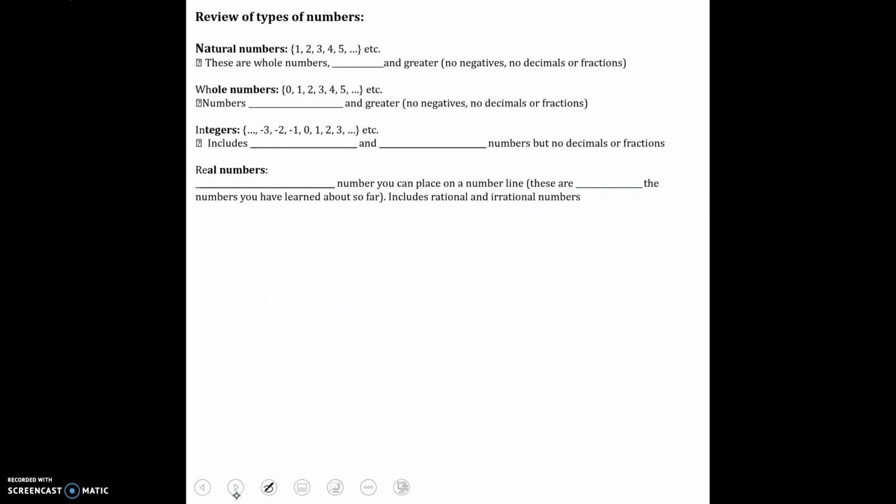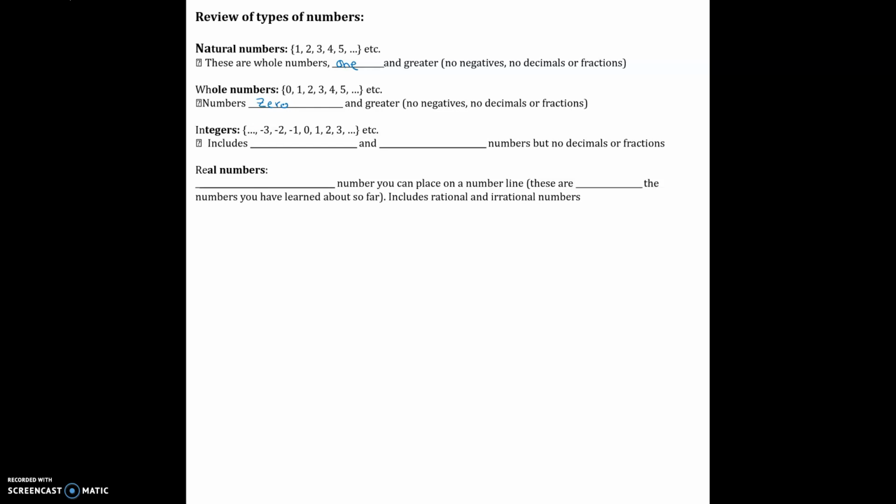All right, so we're just going to review types of numbers. Natural numbers are whole numbers 1 and greater. So there's no negatives, no decimals, no fractions. Whole numbers are like natural numbers, it's just we include 0. So it starts at 0 and goes up. There's no negatives, no decimals, no fractions.